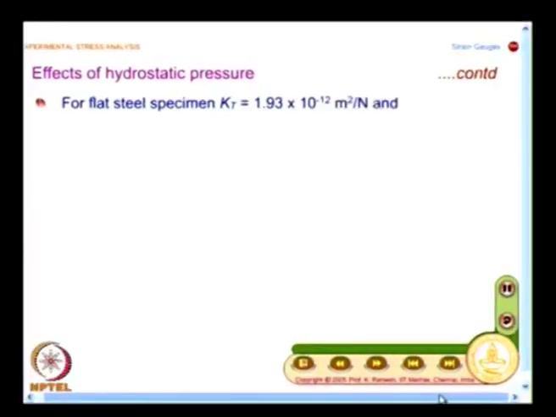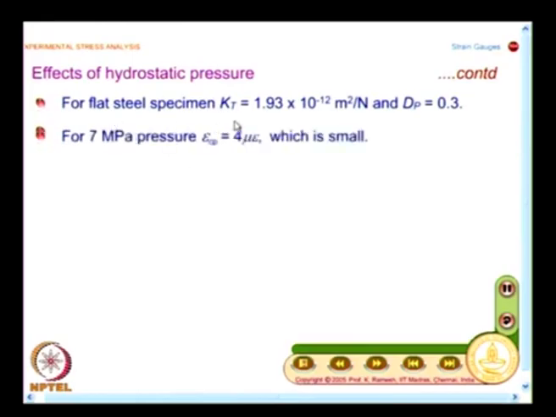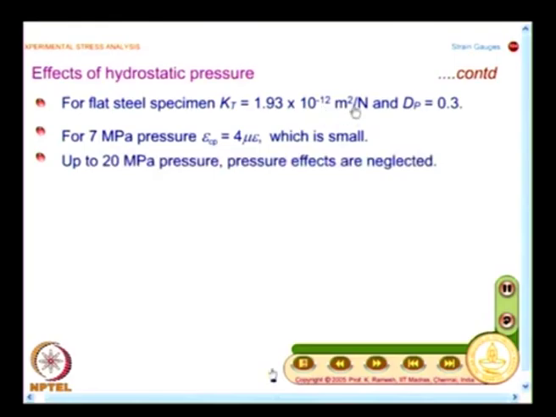And you have one example problem which just shows, for a flat steel specimen, kT equal to 1.93 into 10 power minus 12 meter squared per newton, and dP is found to be 0.3, and for 7 MPa pressure epsilon Cp is only 4 microstrain, which is small.